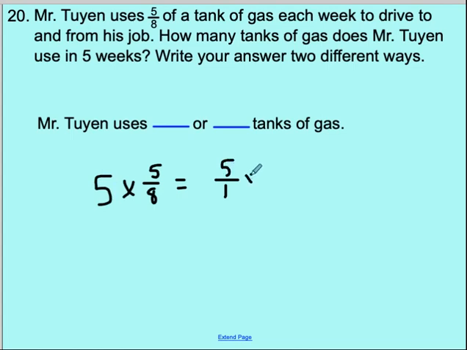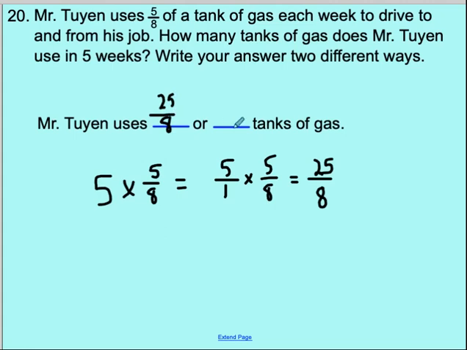So 5 times 5/8 equals 25/8. Okay, so that's one way to write this. So Mr. Twin uses 25/8.